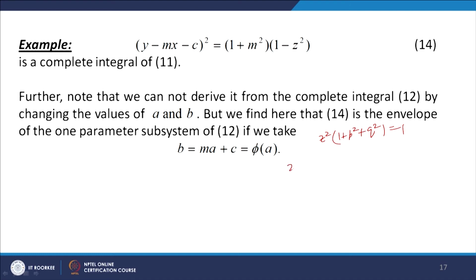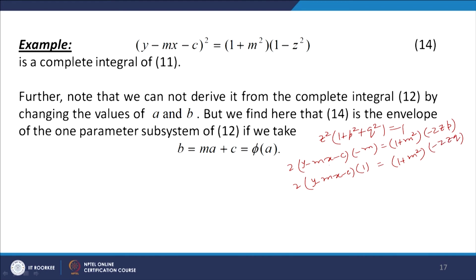So, we differentiate with respect to x: 2 times y minus mx minus c into minus m is equal to 1 plus m square into minus 2z times the partial derivative of z with respect to x, that is minus 2zp. Similarly, we differentiate with respect to y: 2 times y minus mx minus c, when we differentiate with respect to y we get 1, is equal to 1 plus m square into minus 2zq.